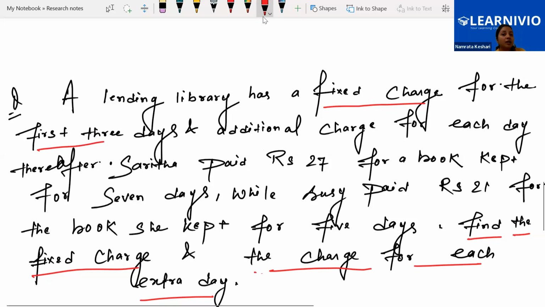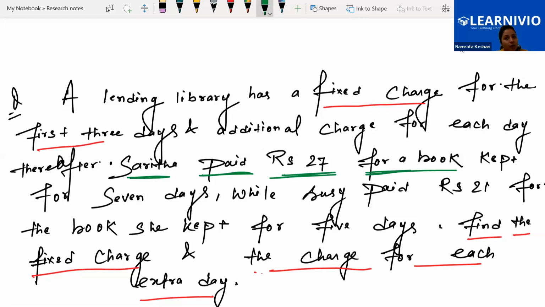So that we must realize, see this statement: Sarita paid 27 rupees for a book kept for 7 days. She is keeping the book for 7 days. That means for the first 3 days a certain amount will be there.